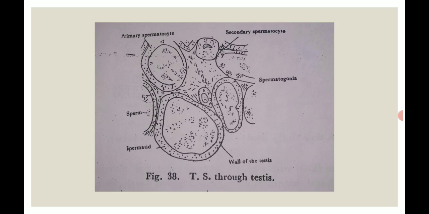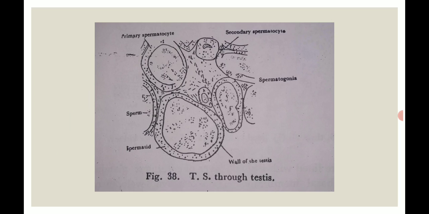Now here this is the TS through the testes. In the testis we know that the process of spermatogenesis takes place. Spermatogenesis forms the primary spermatocytes and then the secondary spermatocytes. Here spermatogonia are present in the cells.